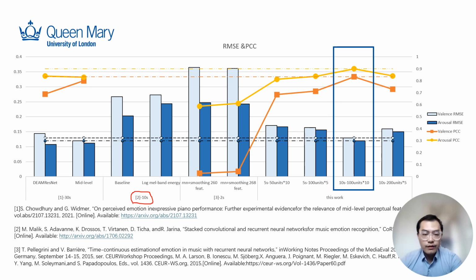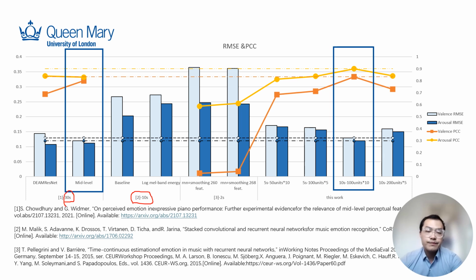And as you can see here, this model has similar RMSE to our model, but it's on a 30-second fragment. With a shorter fragment, our model can be more flexible and we get higher availability. So basically, we are still better than this because we can have similar RMSE with a shorter fragment.